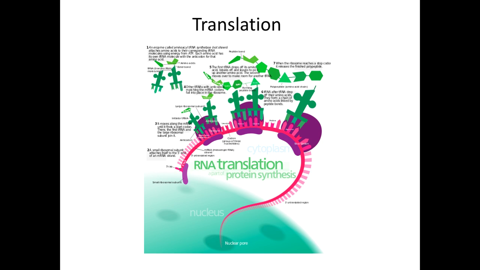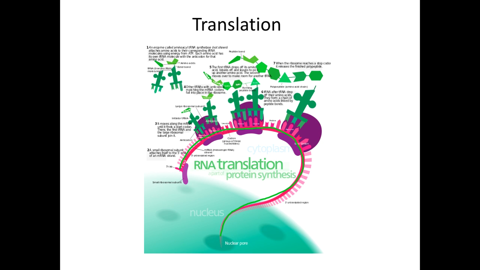But here's the big thing. We have our RNA that we transcribed. And we're going to go from an RNA language to a protein language. How the heck do we do that? The big important things here are that the ribosome uses these adapter molecules called tRNAs, or transfer RNAs.